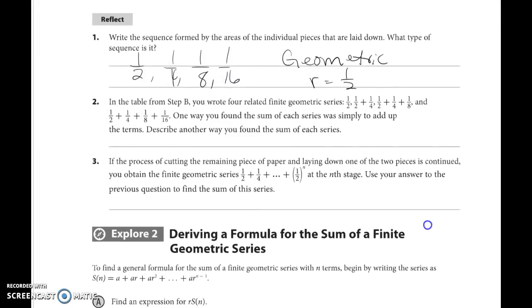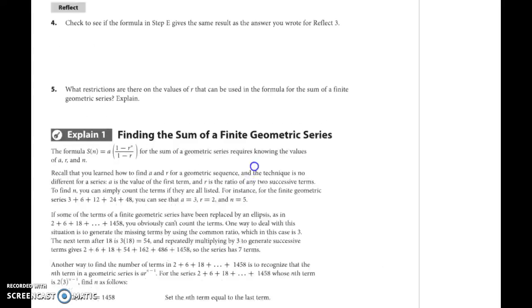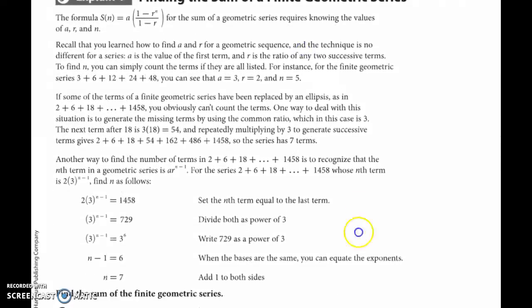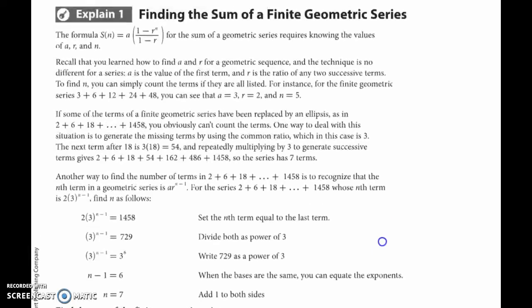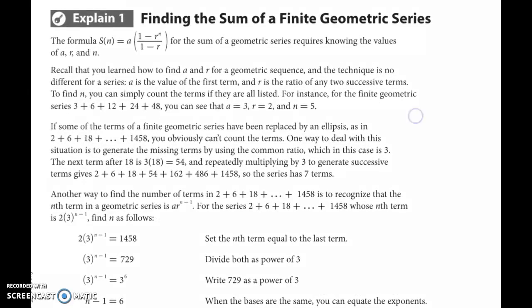So let's go ahead and take this and look at the Explain on page 615. Explain 1 says finding the sum of a finite geometric series, and we have a formula, one that I do recommend you learn and memorize.